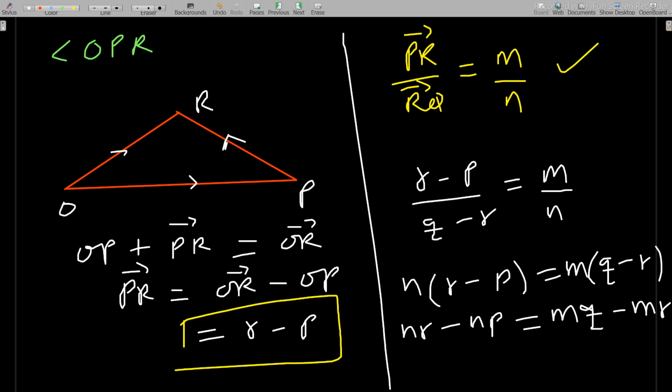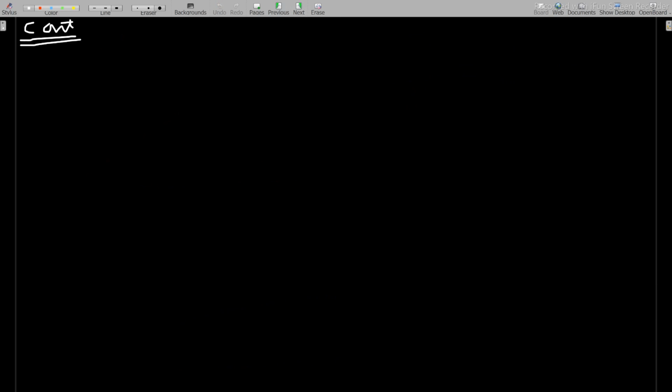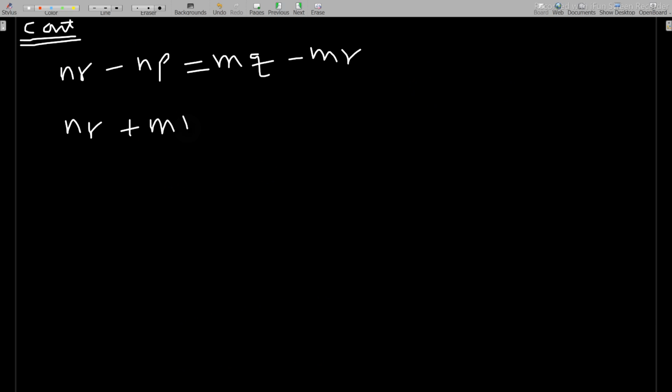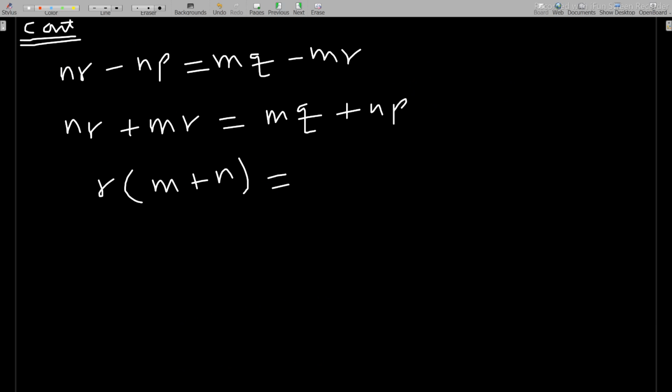Now you want to make r the subject. You have nr minus np is equal to mq minus mr. We put all the r at one place, so that r times (m plus n) is equal to mq plus np.